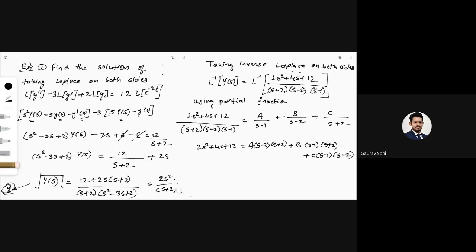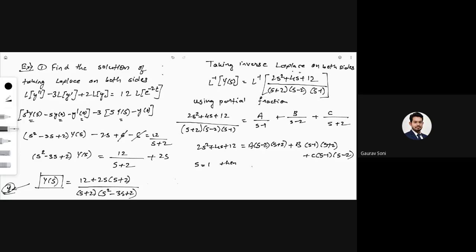Now you have to put the values of s so that two of the things will be 0, either a or b. So if I put s is equal to 1, then look, b will become 0, c will become 0.